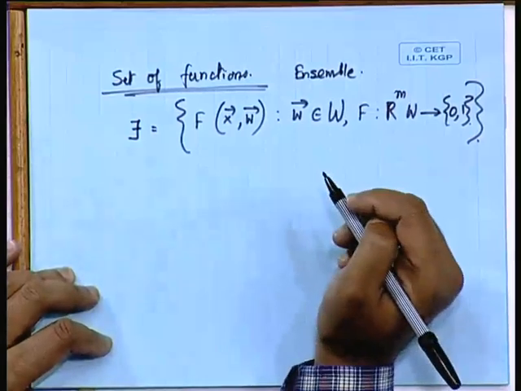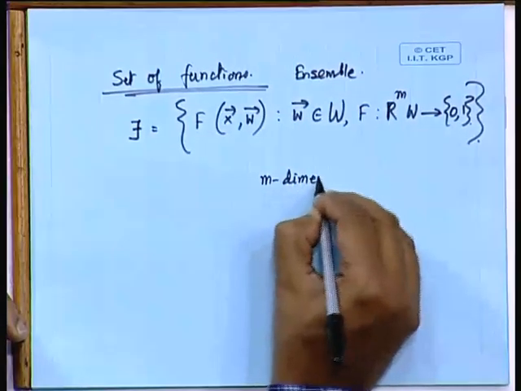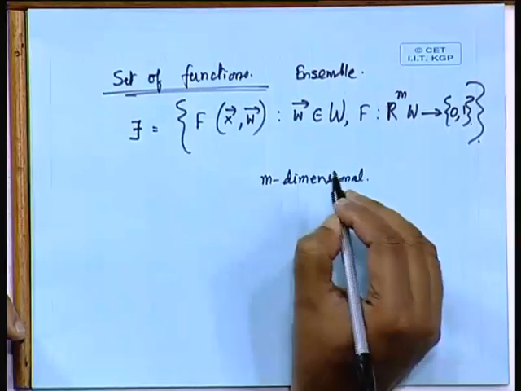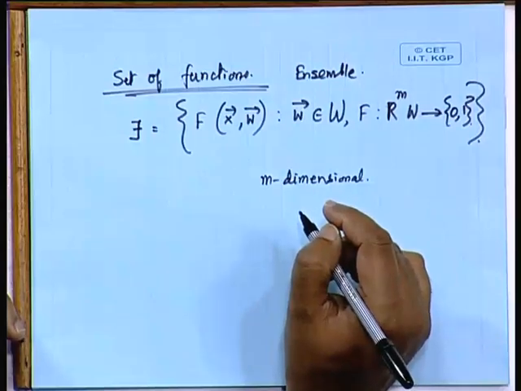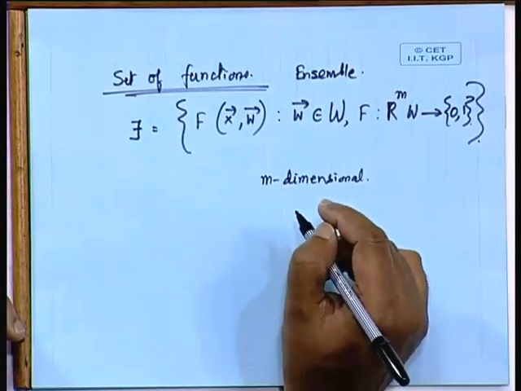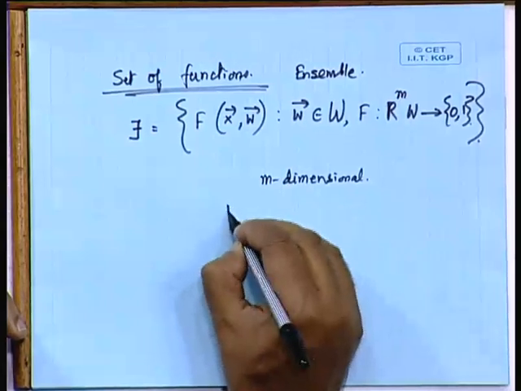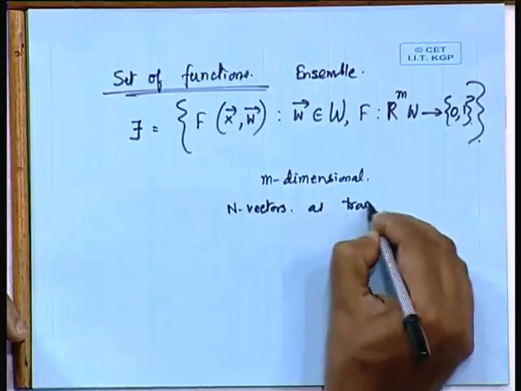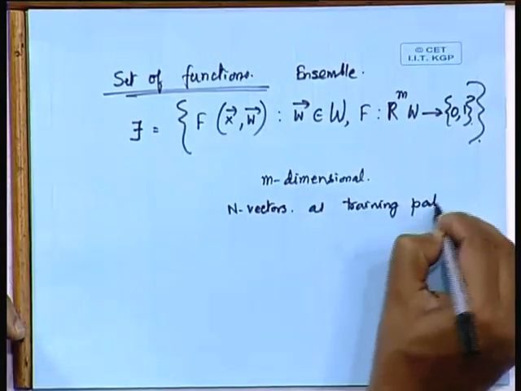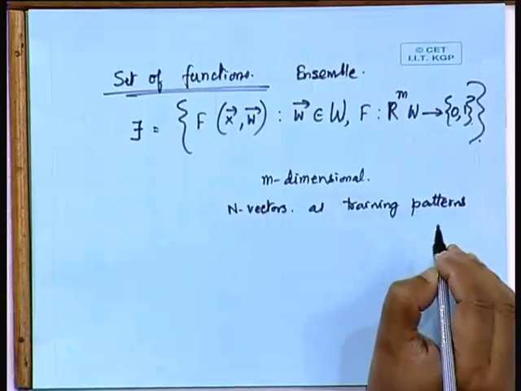And now, let us choose the training patterns. Again the training pattern inputs will belong to the same m dimensional space. Given that we have a machine that has m number of inputs, all our inputs will basically be m dimensional vectors, and as training patterns we take n such vectors. We just form a set of such training patterns, very simple.